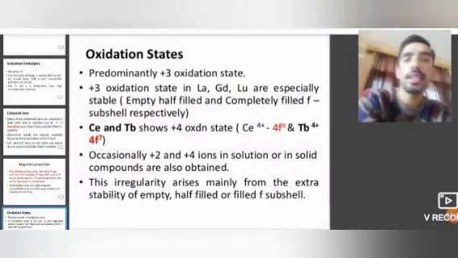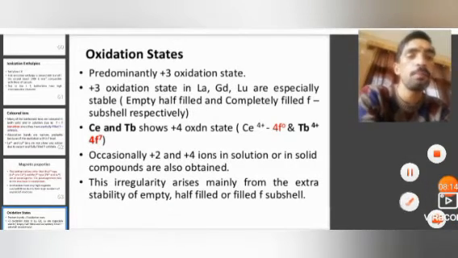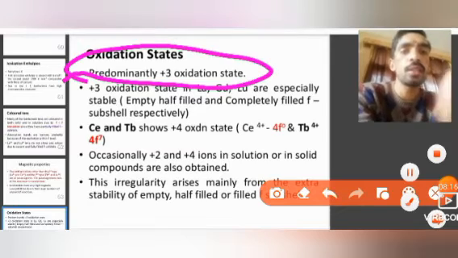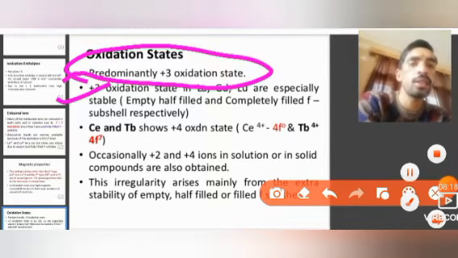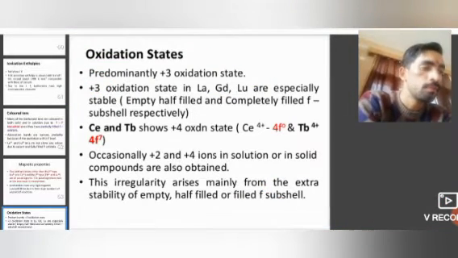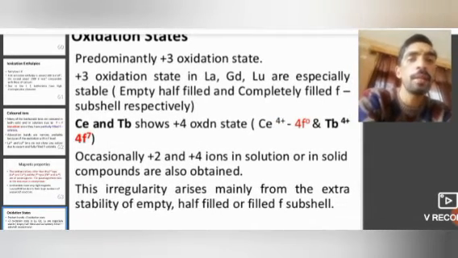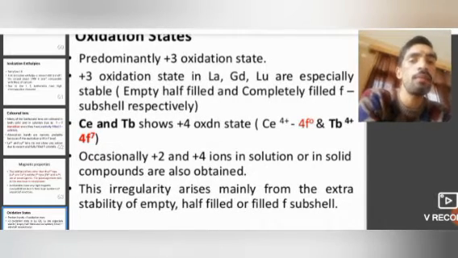Okay. Oxidation state: the most probable oxidation state is +3, whereas the +3 oxidation state of lanthanum, gadolinium and lutetium are especially stable, being empty, half filled and completely f filled.